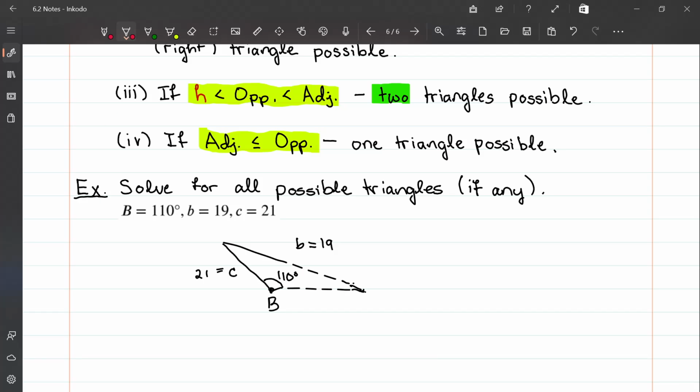Now, looking at this, knowing that I'm dealing with SSA information and that moreover, the given angle was obtuse, I know from the rules we talked about just a little while ago that all I need to do is compare the lengths of the sides opposite and adjacent. In this case, what that means is I'm comparing the length of b to the length of c, and I'll notice that b, the side opposite, is less than the length c.